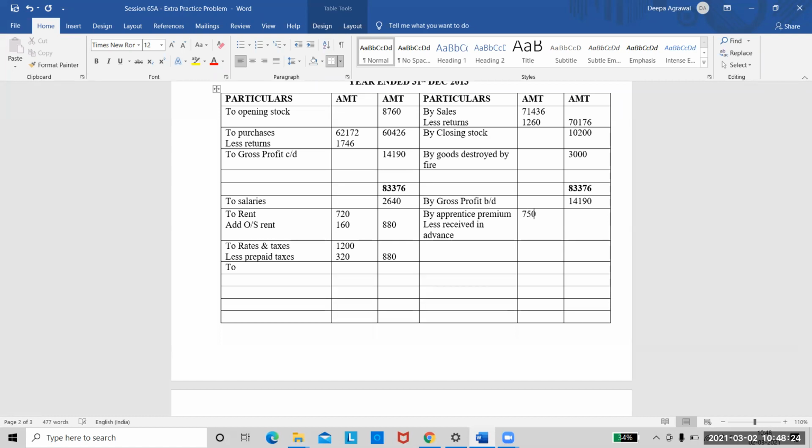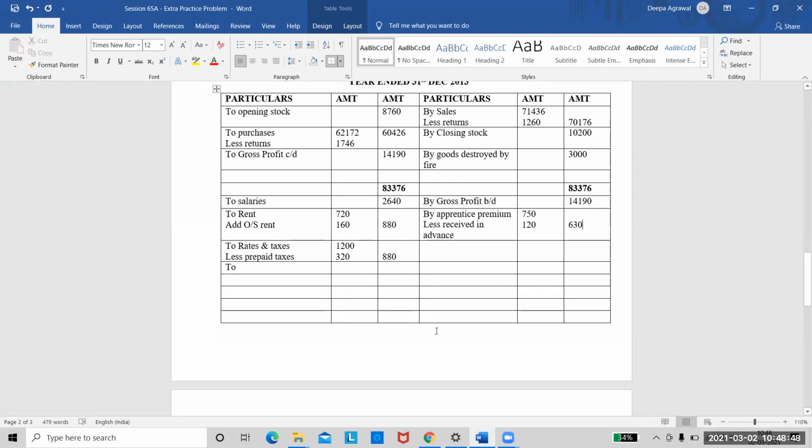It is 750. How much do we deduct? 120. So the outer column would be 570. Is it correct? 570 is not correct. 630. Okay.